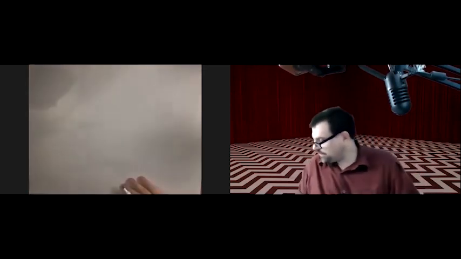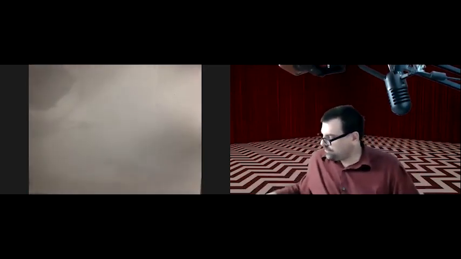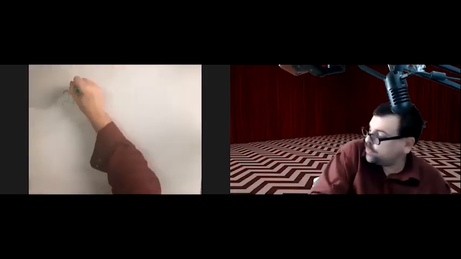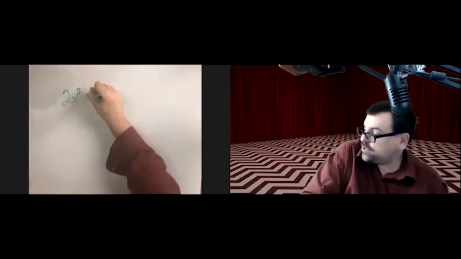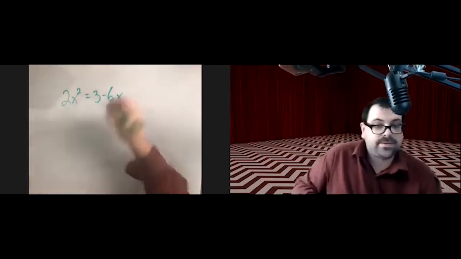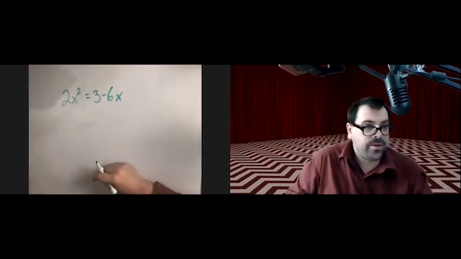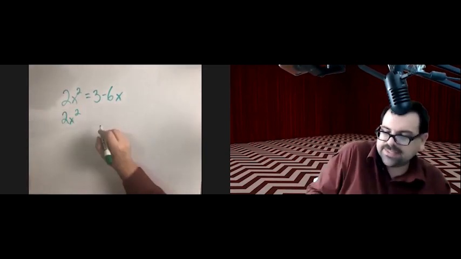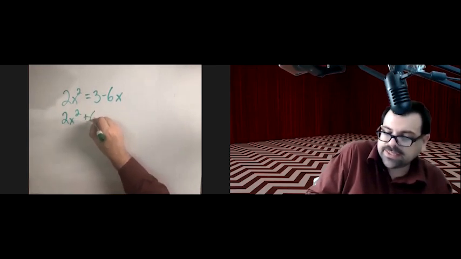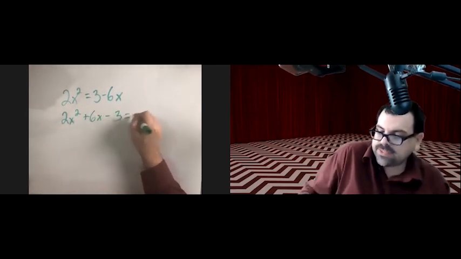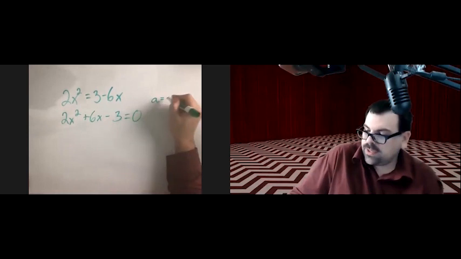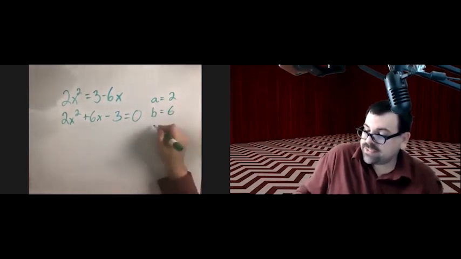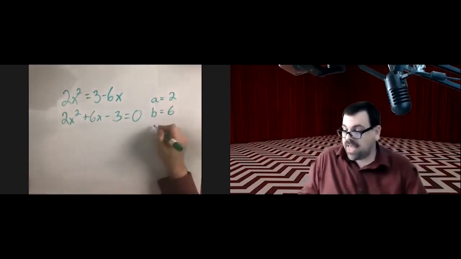Let's do another. 2x squared equals 3 minus 6x. Well, before we can find a, b, and c, we've got to get everything on one side and 0 on the other. So 2x squared plus 6x minus 3 equals 0. a would be positive 2, b would be positive 6, c would be negative 3.